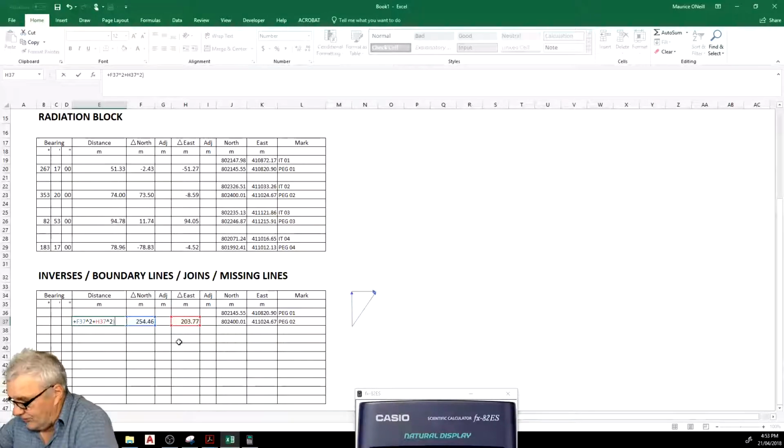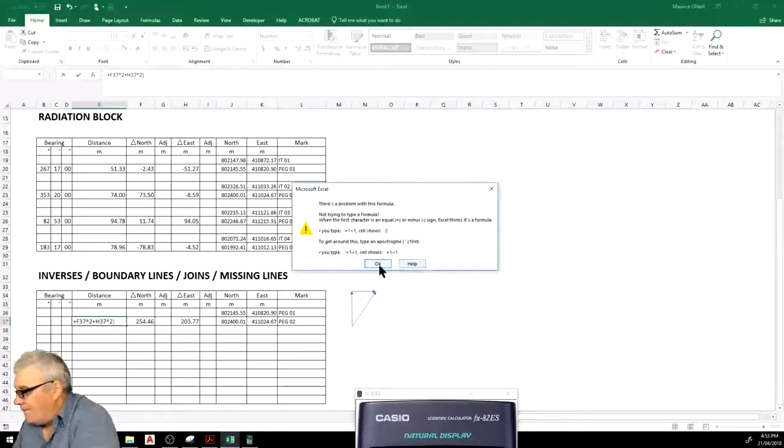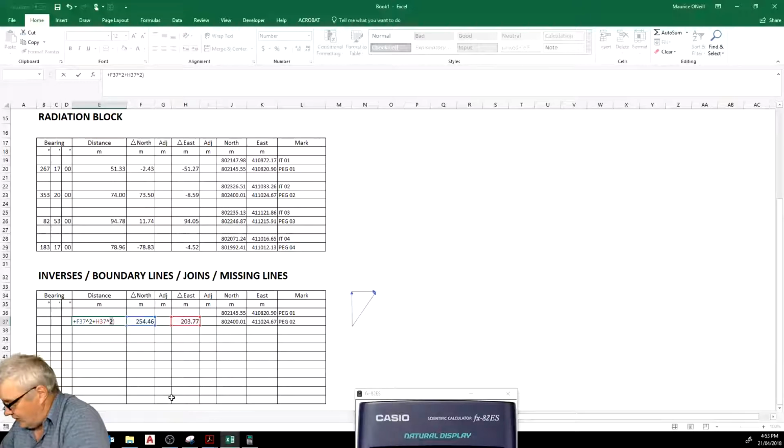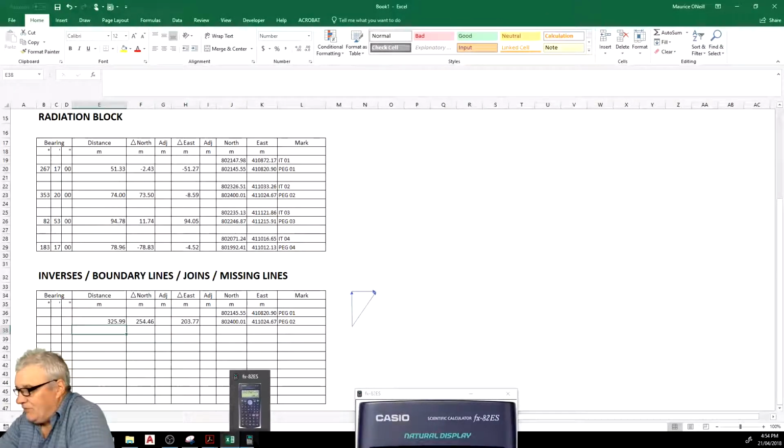Then I've got to take the square root of that, so I'll put a bracket around them and raise that to the power of 0.5, which is the square root. So that gives me a distance of 325.99.